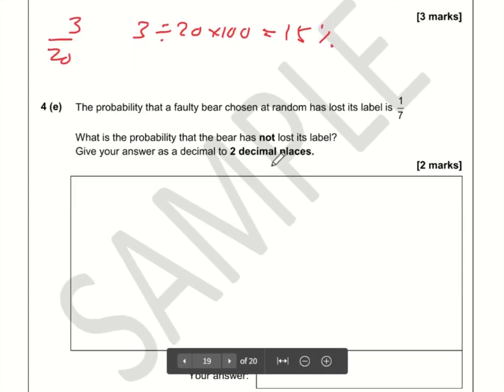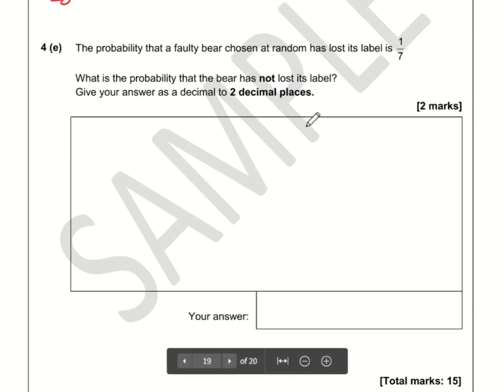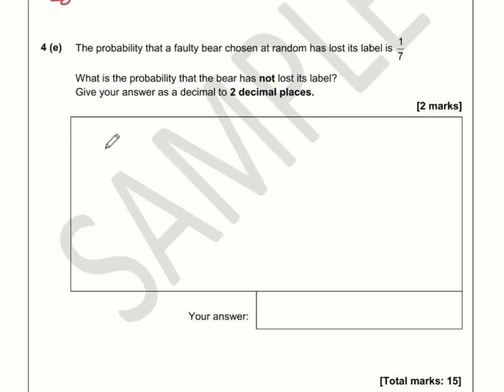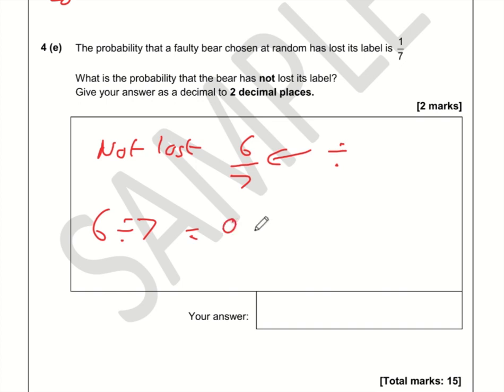So for part E, the probability that it's lost its label is 1/7. So not lost the label is 6/7. And we want to turn this into a decimal. So the probability is 6 out of 7, but as a decimal, that is 6 divided by 7. Remember that the line of a fraction means divide, and 6 divided by 7 is 0.85714.